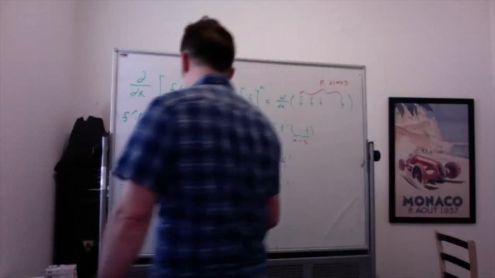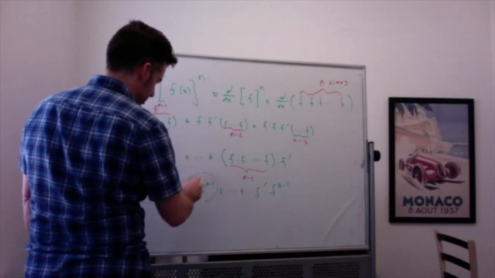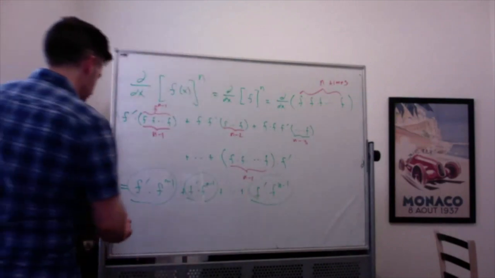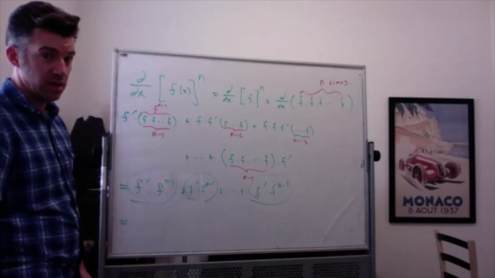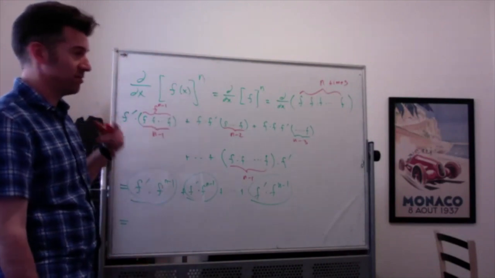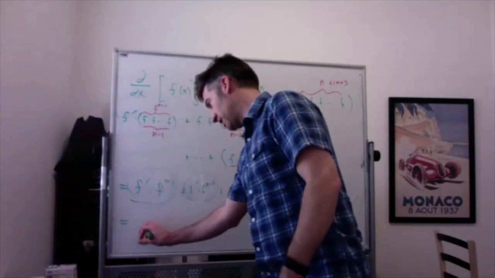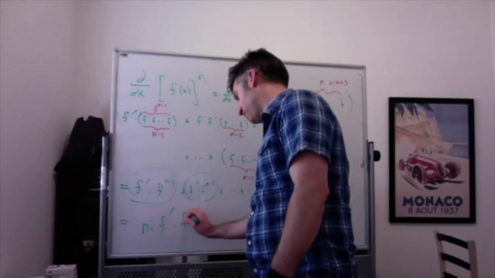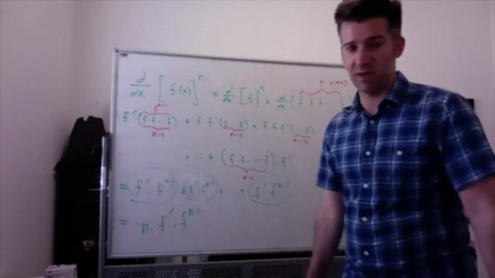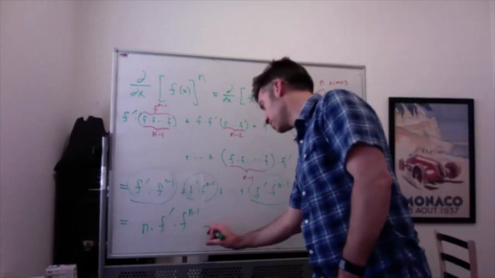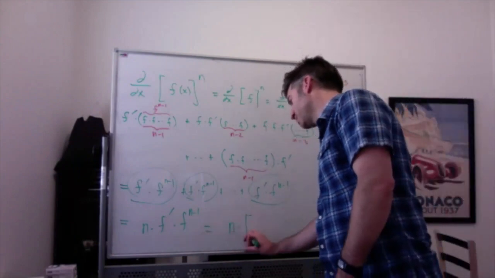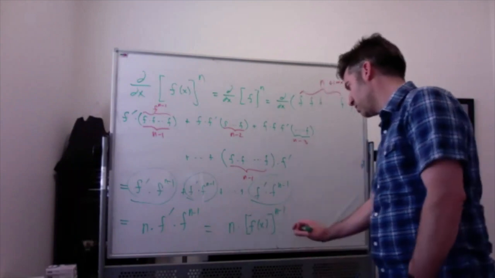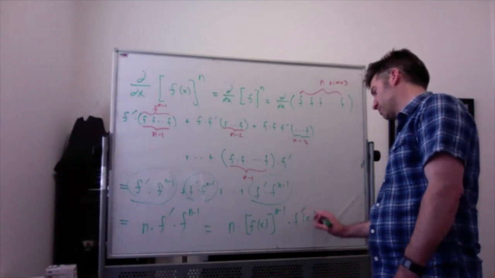All these things are the same, and there are n of them, because we said there had to be n pieces. So this is really n times f prime times f to the n minus 1. Let me rewrite it so it's a little more explicit: this is n times f of x to the n minus 1 power times f prime of x.